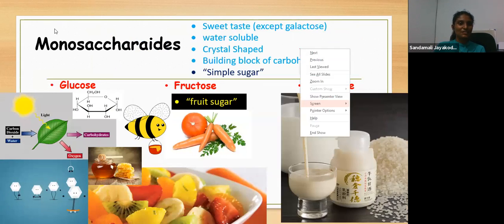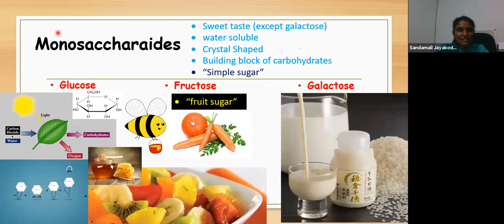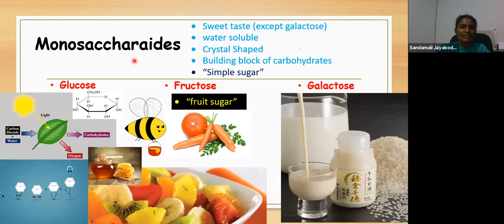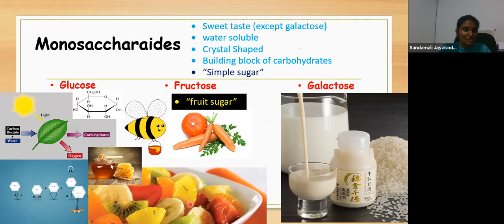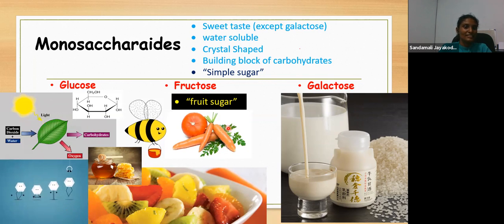The group monosaccharide. As we can normally see, all the images given here contain some sweet things like honey and also some fruits, carrots, and pumpkin. And here it is given as galactose.